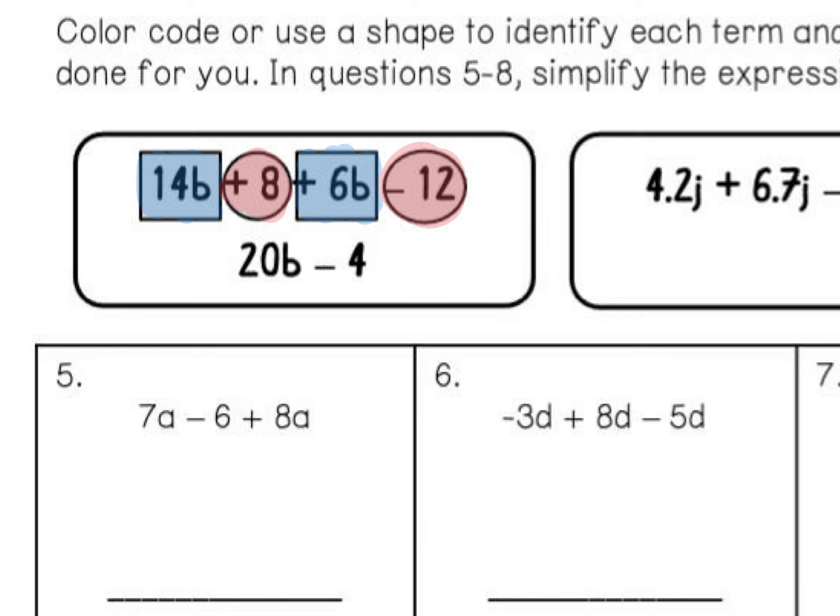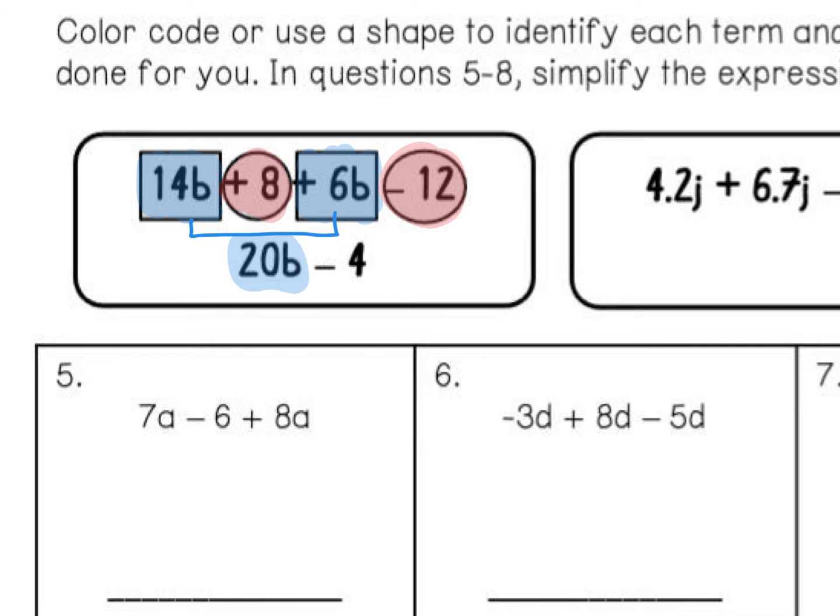What is a coefficient? A number before a variable. So on my blue terms, I have a 14, and then I have a plus 6. Y'all see that? So I would do 14 plus 6, which equals, as this one's done for you, look up there. What is 14 plus 6? 20, and I keep the variable.